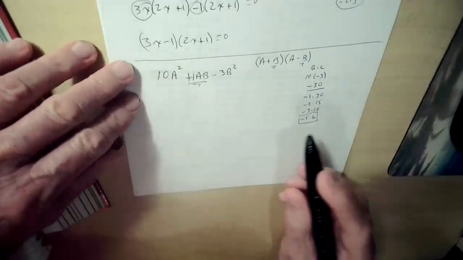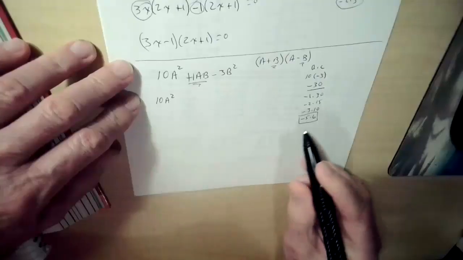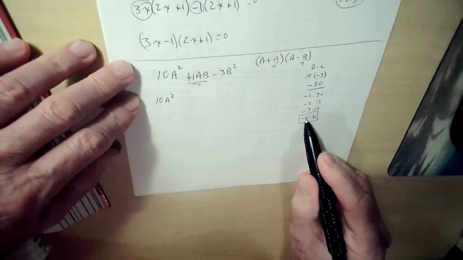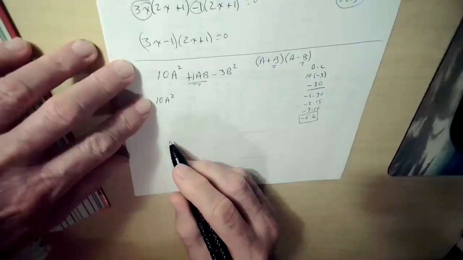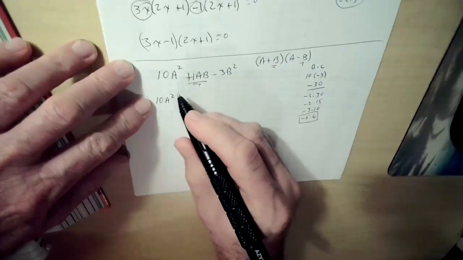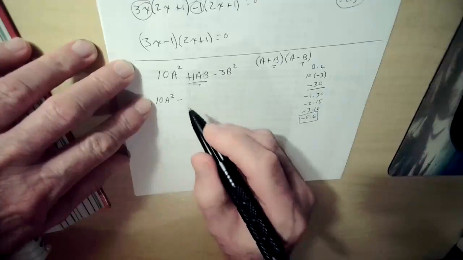Again, what we're going to do is split this linear term up into these two terms. We're going to get a squared. Let's put the 5 next to the 10 because 5 is a factor of 10.